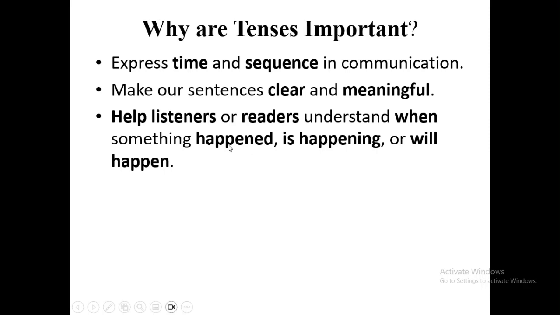Whether the action is already completed, or is happening, meaning is it going on now, or will happen, meaning will it occur in the near future. To relate and to explain these things, we should learn tenses. Understand? So the past actions, the present actions, the future actions.